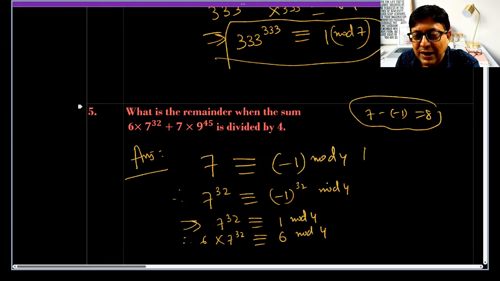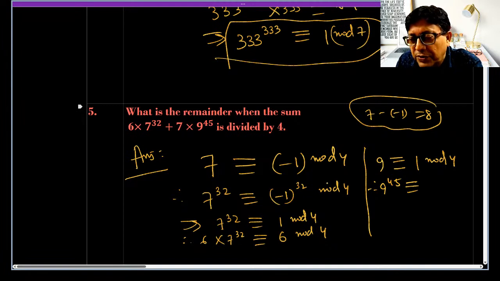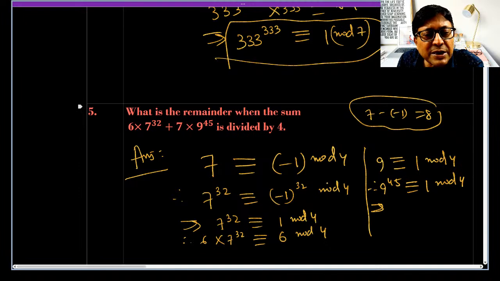This is 1. And the next one, 9 to the power 45. 9 is what? It is congruent with 1 mod 4. Therefore, 9 to the power 45 is congruent with 1 mod 4. Now multiply by 7 because you need a 7 over there.